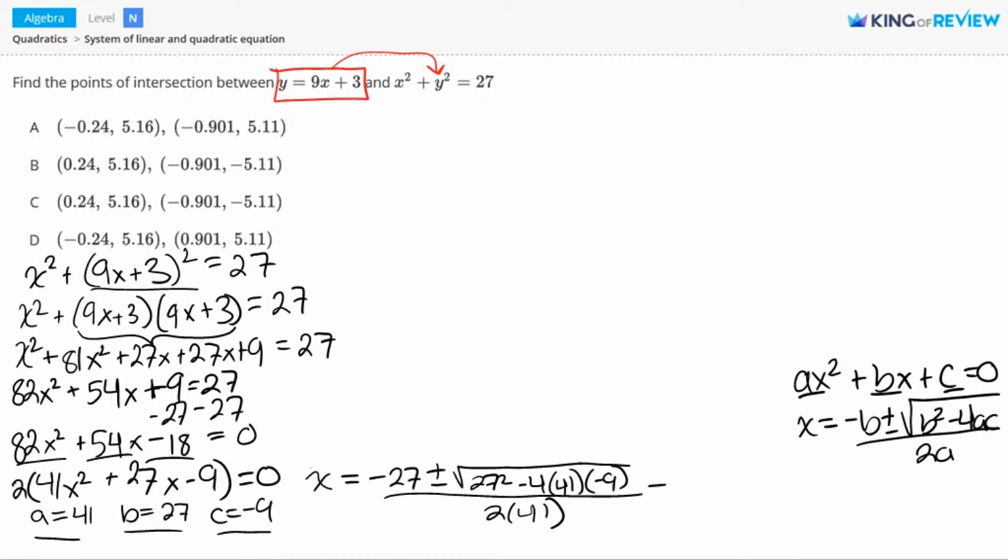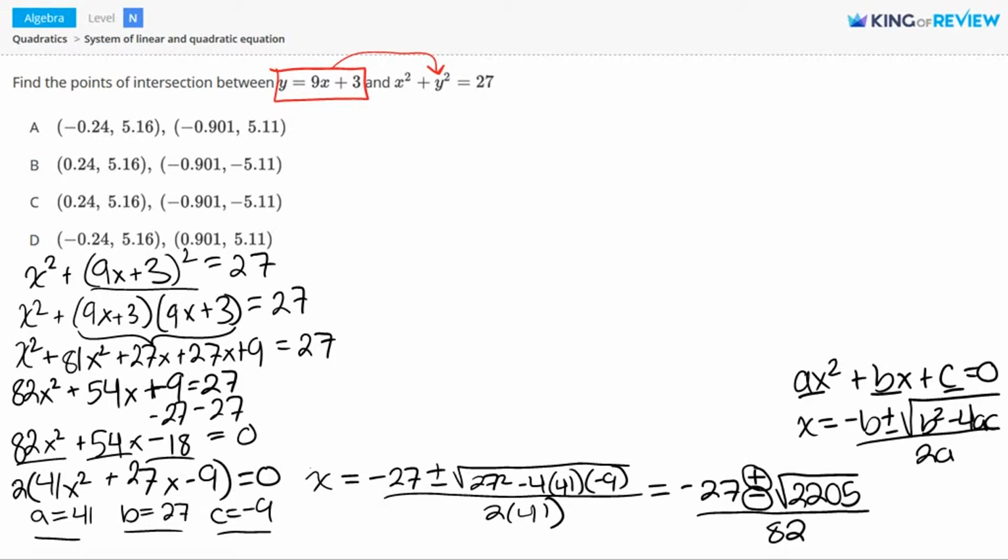When you simplify, you get negative 27 plus or minus the square root of 2,205, and this is all divided by 82. So we're going to have two values for x. One will be calculated using this plus sign, and the other is calculated using this minus sign.